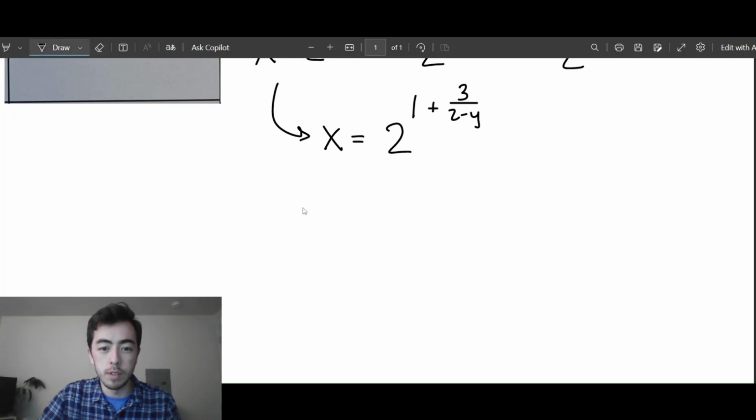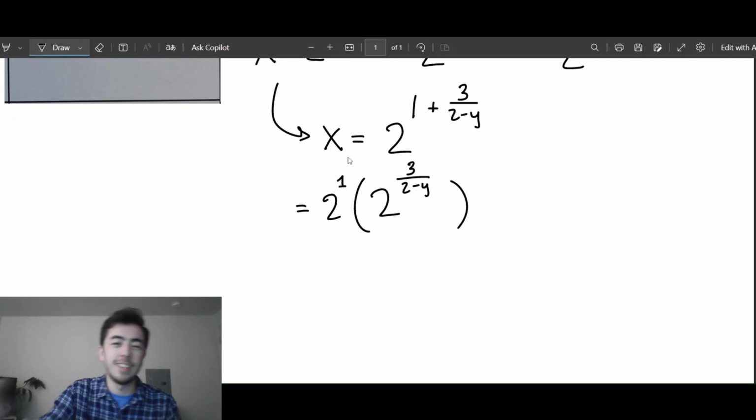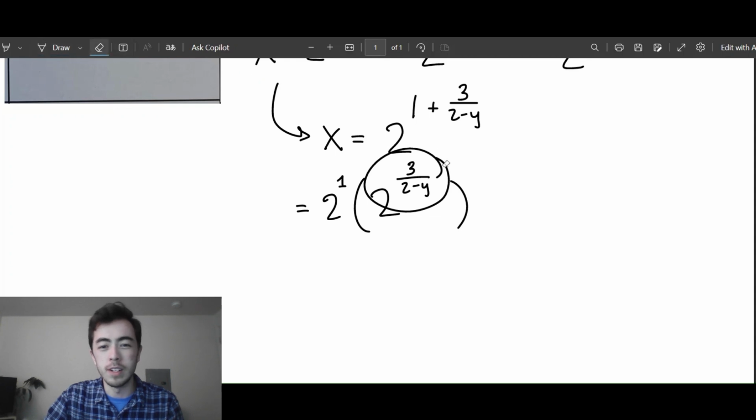Ultimately this means x is going to be equal to 2 to the power of 1 times 2 to the power of 3 over 2 minus y. That's the reason why I decided to remove that negative sign, just because I didn't want it lingering over here. Negative exponents are not really fun.